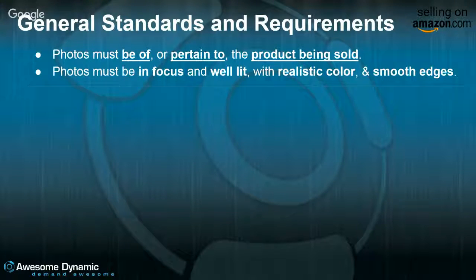The second item is that all photos must be in focus and well lit with realistic color and smooth edges. The most important part of this is in focus and well lit. I think we've all seen listings with photos of products that are poorly lit. It looks very dark, and you really can't get the detail in the product.